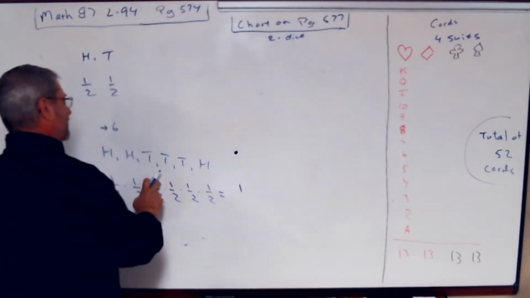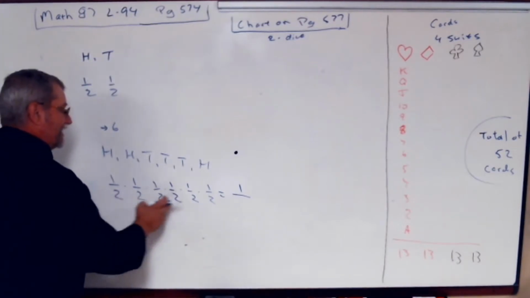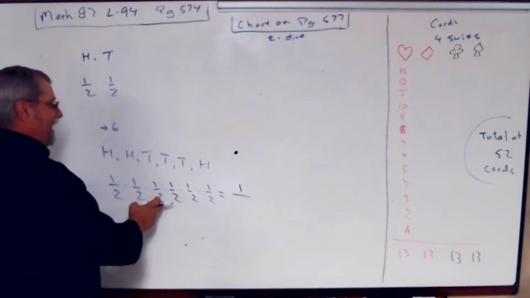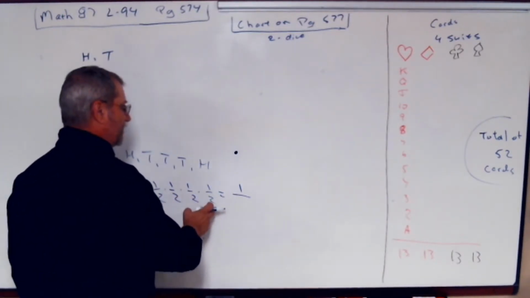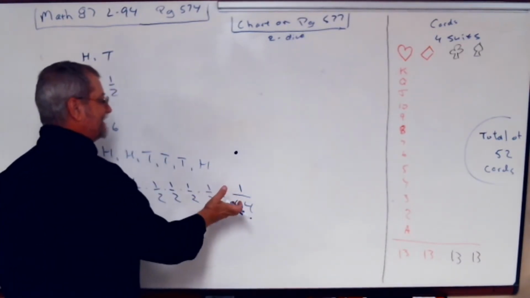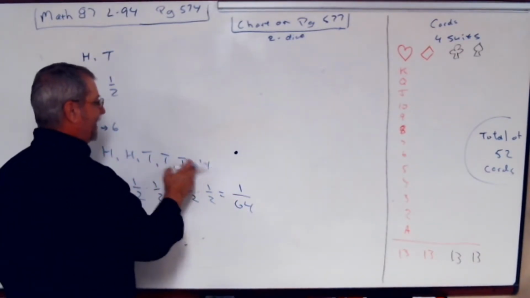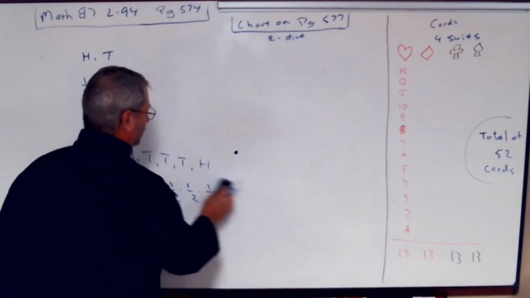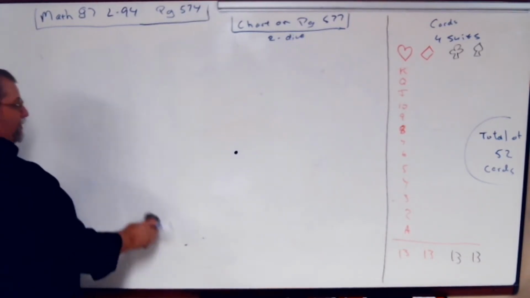Now here, 2 to the 6th power. 2 times 2 is 4. 4 times 2 is 8. 8 times 2 is 16. 16 times 2 is 32. 32 times 2 is 64. I have a 1 out of 64 chance to get heads, heads, tails, tails, tails, heads in that order. So you multiply the simple probabilities to get the compound probability.